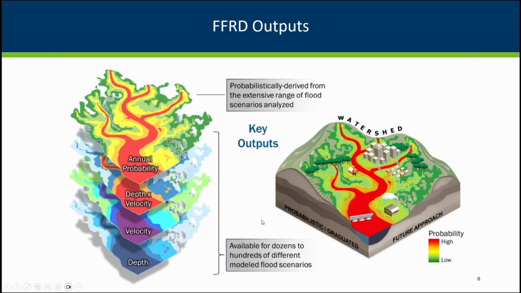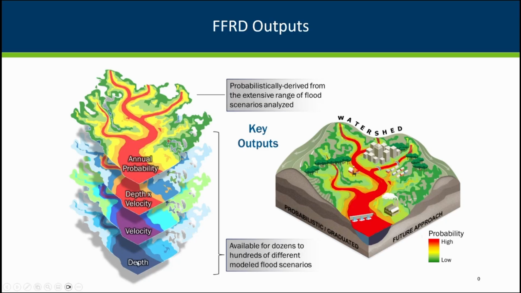And then because you have all these additional inputs, you also can get a lot of different outputs. The main thing we think about is that annual probability at a given spot. Is it a 1% chance of flooding, 2% chance, 0.1% chance of flooding? So you can really run that probability for the risk of flooding, but you can also look at depth and velocity and understand where there is a big risk of erosion or other things happening.